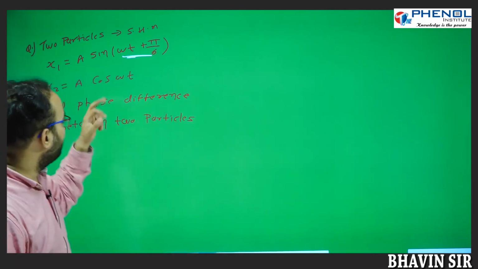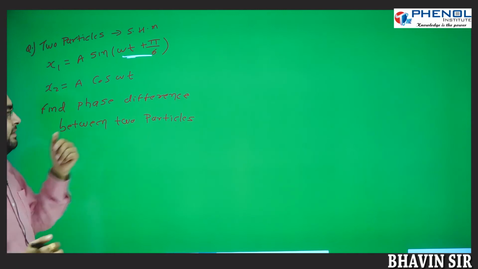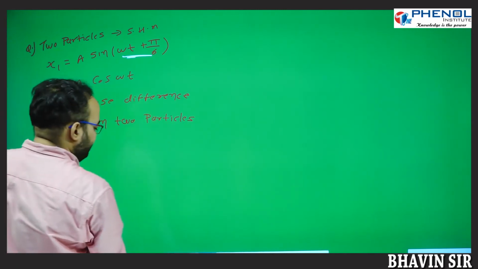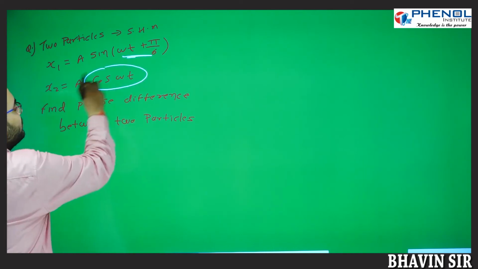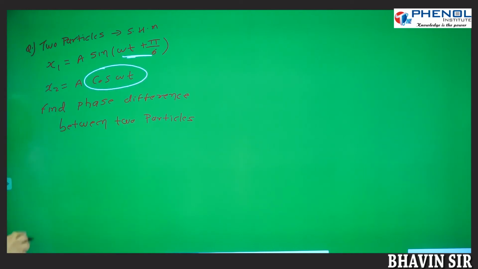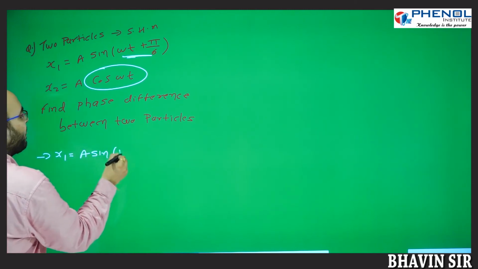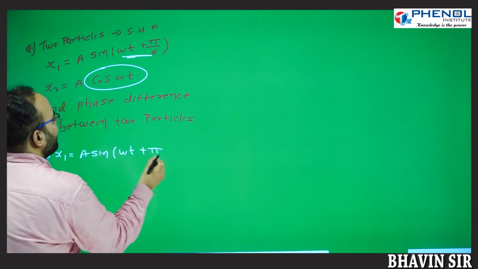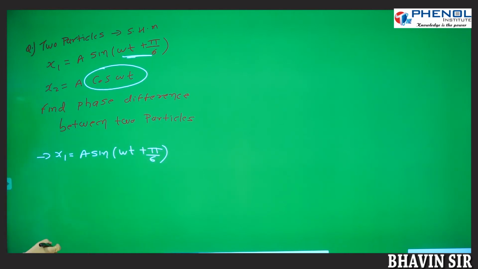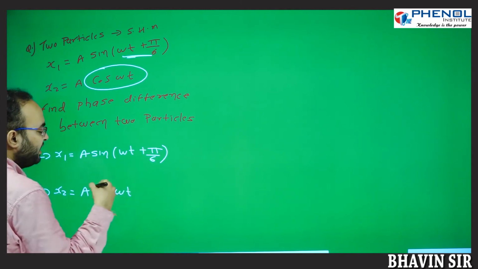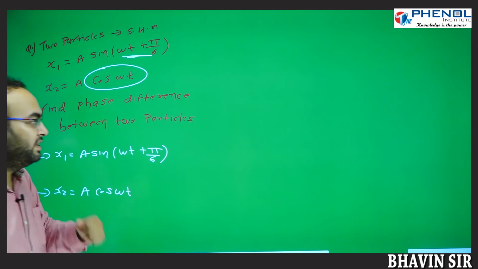So we want to convert this cos omega t into sin omega t. The first equation is in proper form. Now there are 2 methods.